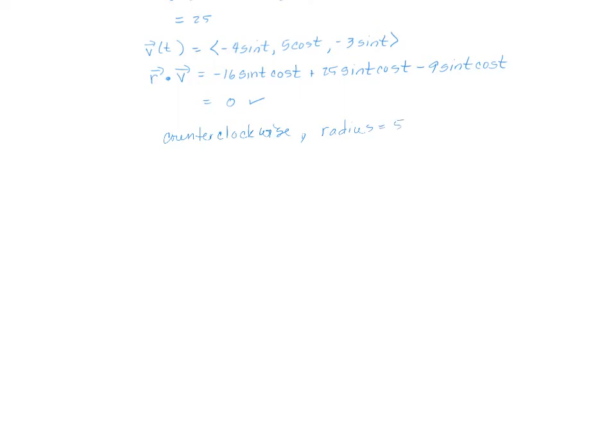So usually in three-dimensional space, we don't talk so much about the way it's generated. It's enough for us to say that it's a sphere, it has radius 5, and its center is at the origin. So that's enough.